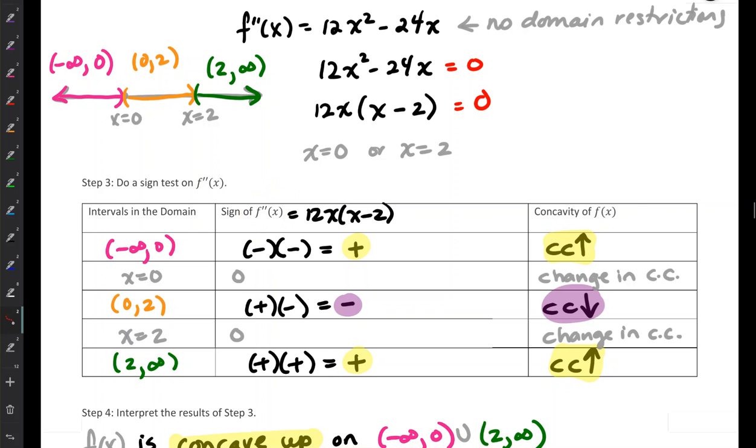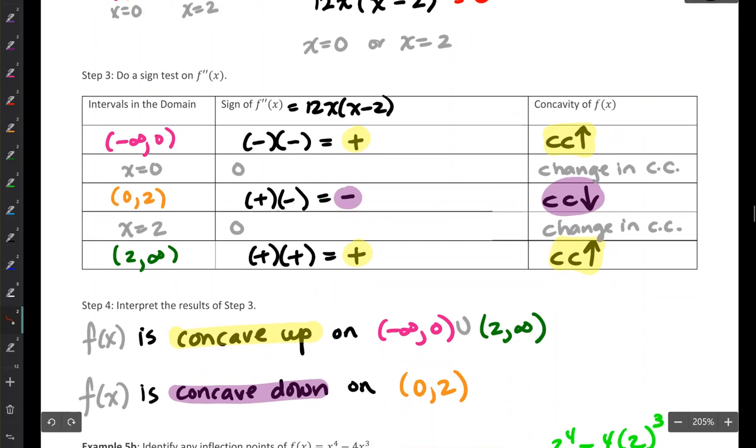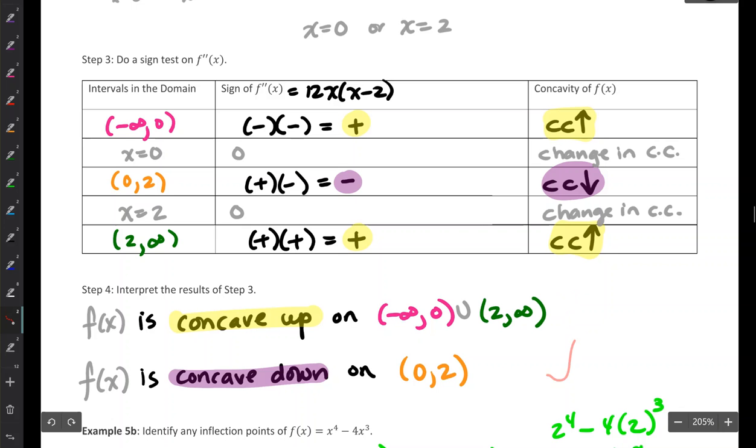Again, it was a while ago, but we had talked about acceleration being positive or negative. If acceleration was positive, my original function, my position function, was concave up. If acceleration was negative, my position function was concave down. This table of values really does give us our answer, but it's nice to go ahead and summarize and say the intervals where we're concave up and concave down.